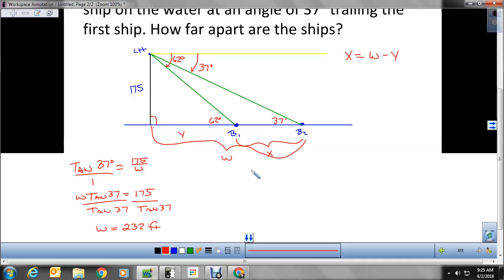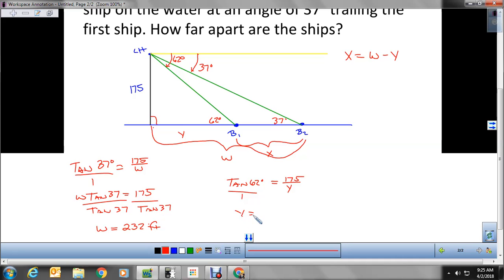Now we're going to do the same thing to find y. So we're going to take the tangent now of 62 equals 175 over y. Everything will be the same, cross multiply. And this time, as you notice here, w was equal to 175 divided by the tangent of 37.